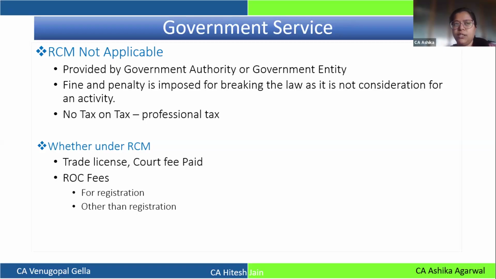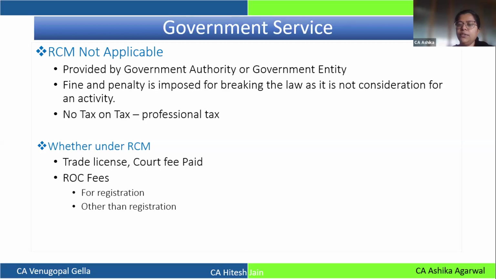So based on the business, if you belong to an industry where 100% or maximum of the supplies you are making are taxable, it's better to pay the tax and claim the ITC instead of going into litigation. However, if you are in an industry where your supply is 100% exempted, then obviously it will be a cost and there you have to take the firm stand.